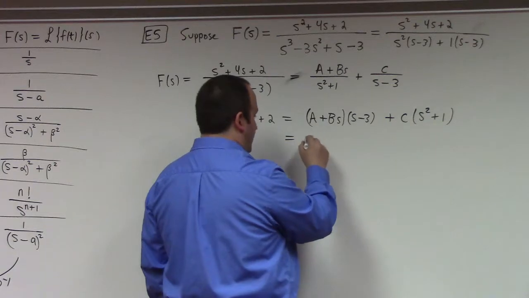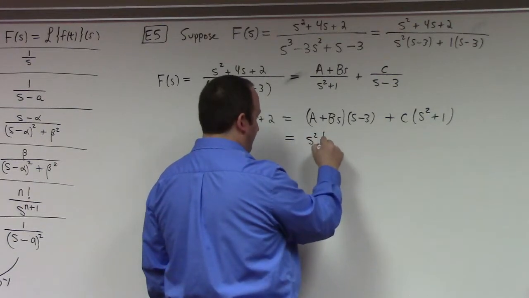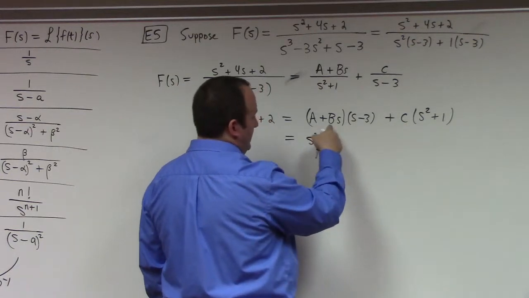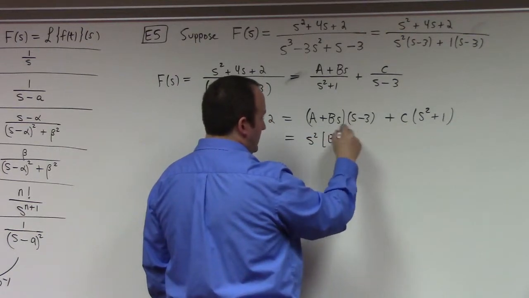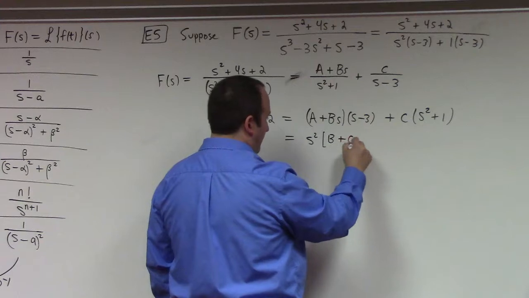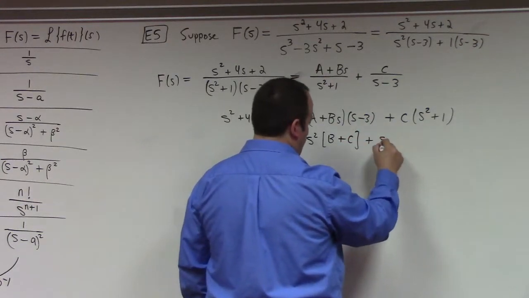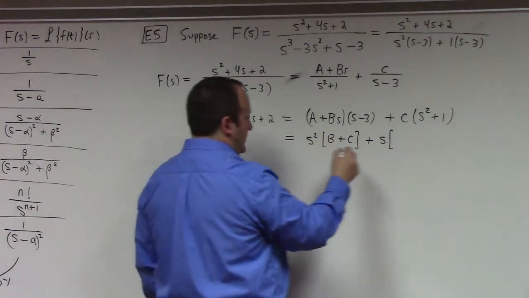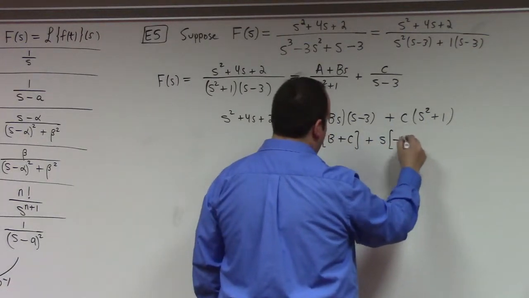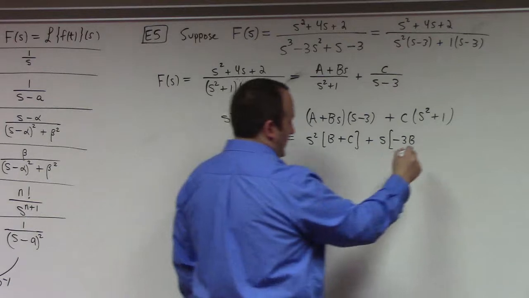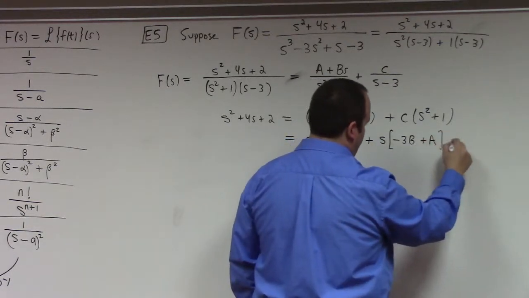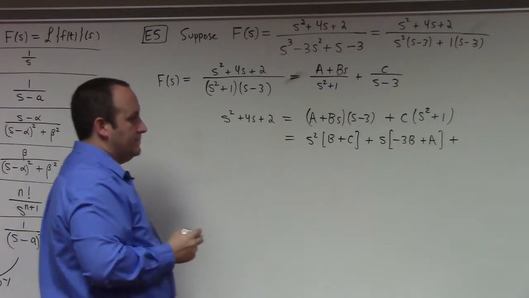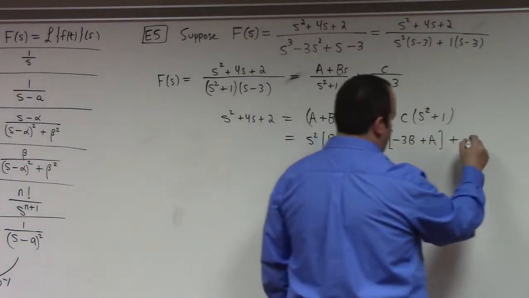This is giving me s squared times what? Of course, I got the c over there, but I've also got b plus c. What are the coefficients of s? For s, I've got a minus 3b, and I've also got plus a. What are the constant terms here? Yeah, c minus 3a, right?